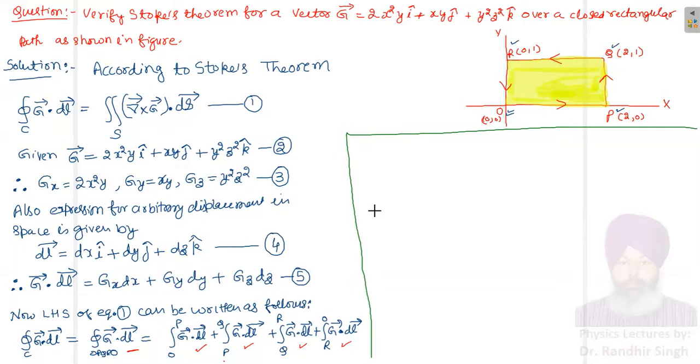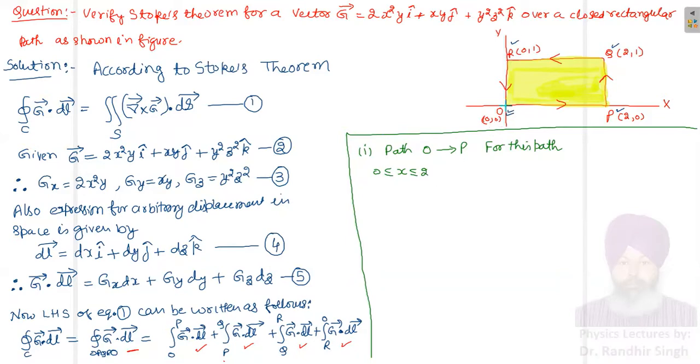Okay, now we have to find these four integrations one by one. First of all, I will discuss path O to P. You can see for this path, x is changing from 0 to 2.